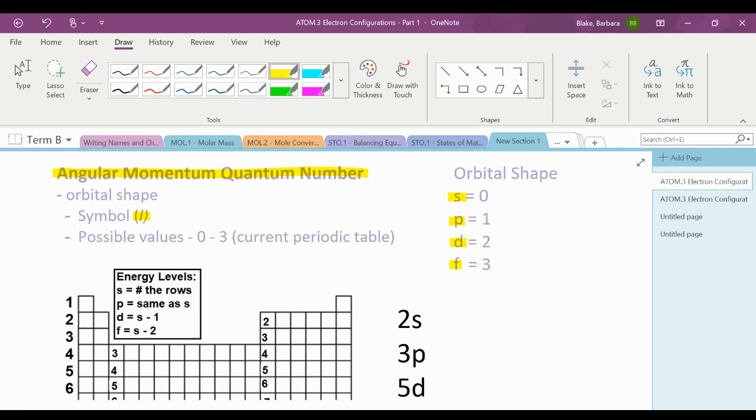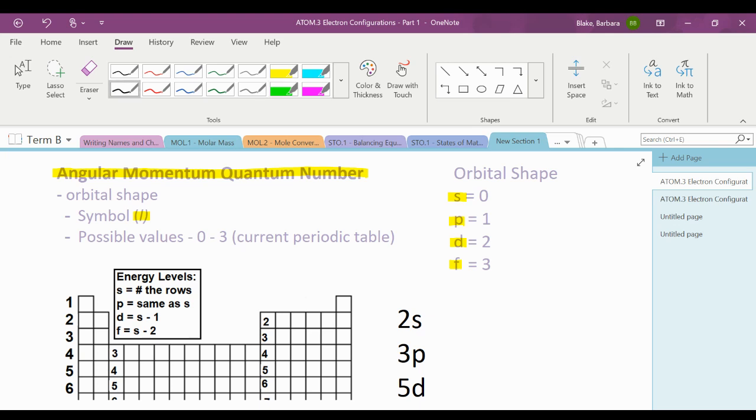Again, possible values. Well, these are quantum numbers, and because they're quantum numbers, we sometimes give a number value to them. So S is going to be represented by a 0, P is going to be represented by a 1, D is going to be represented by a 2, and F is going to be represented by a 3. So if I'm talking about possible values for this quantum number, it would be 0 through 3. But know that just like with the principal quantum number, the periodic table isn't done.